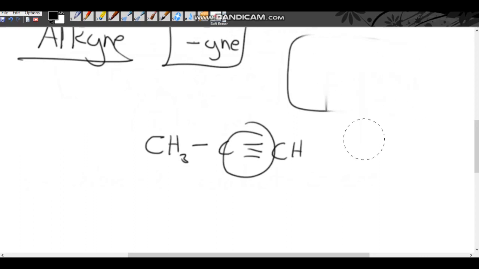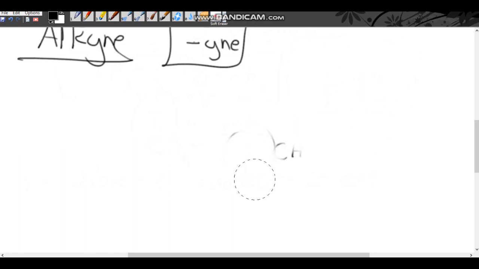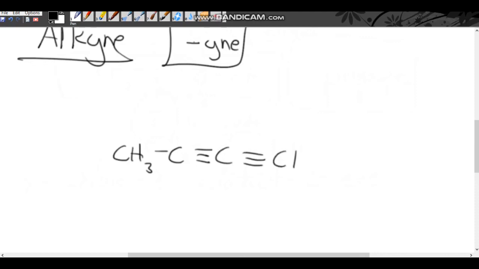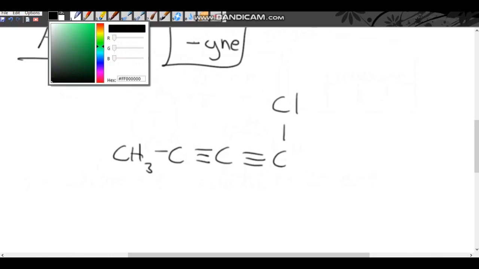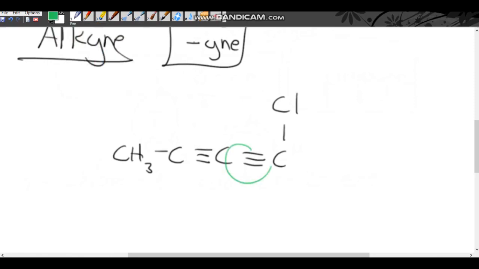But what about if we have this example? Let's make it a little bit more complex. In this case, we have 2 triple bonds and a side chain of chlorine.